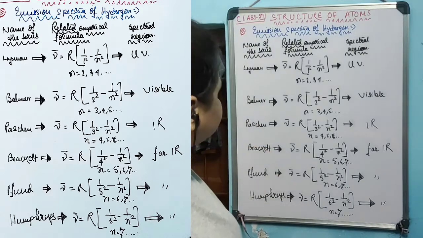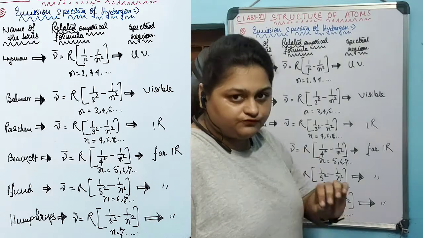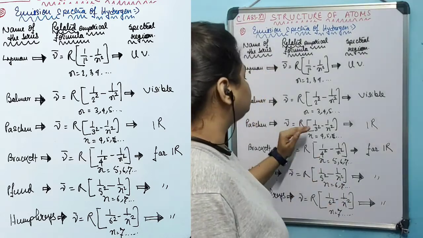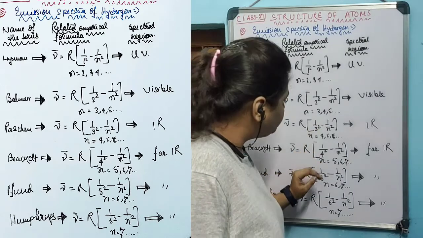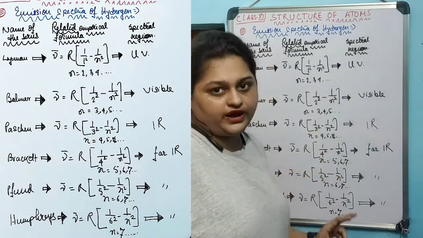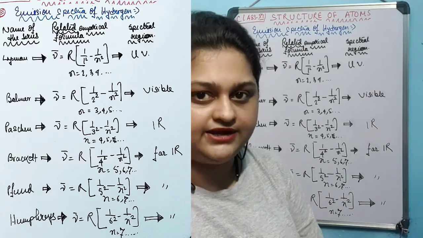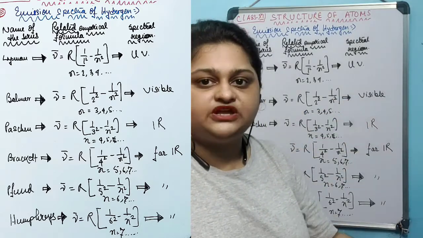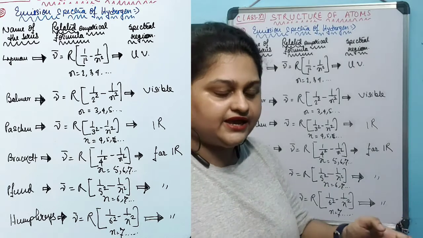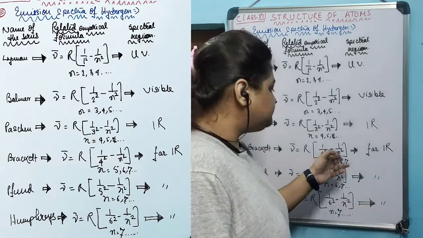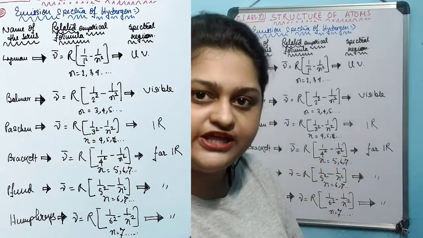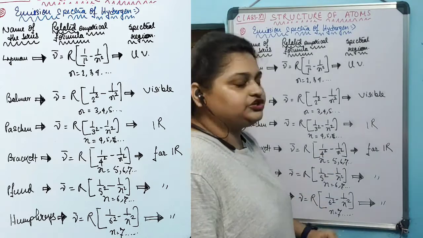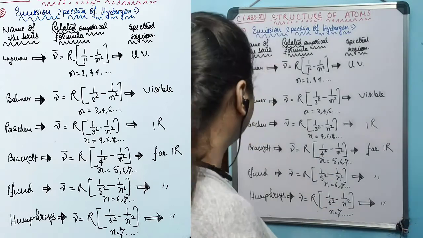For the Brackett series, the base value is 4, that is nu bar equals R into 1 by 4 square minus 1 by n square. So the integer value for n starts from 5 and so on. According to the position of the line, whether it is first, second or third, you put 5, 6 or 7 to find those lines.